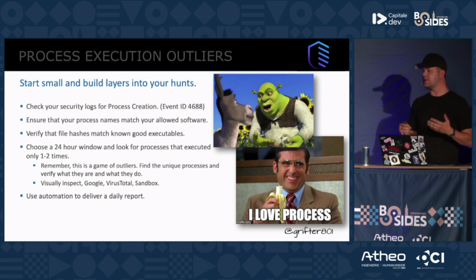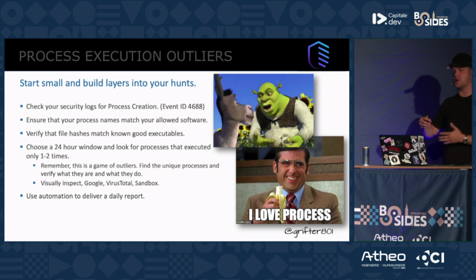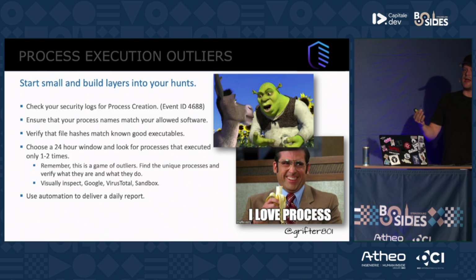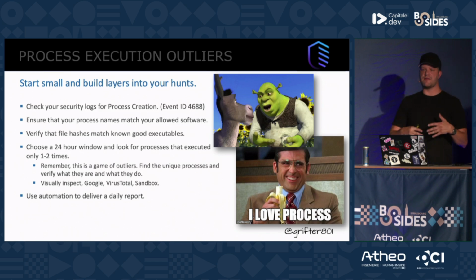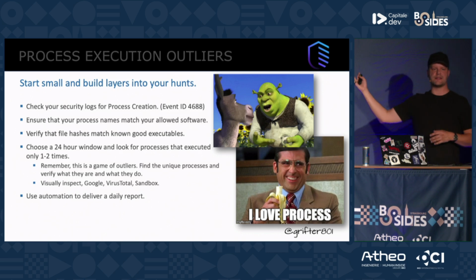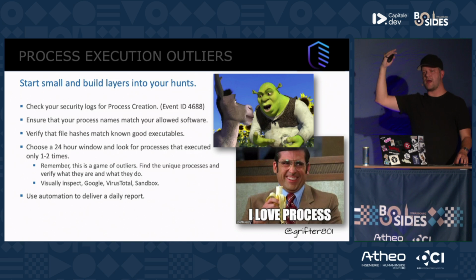One thing that you can do is, I mentioned automation earlier. Again, you can't automate your hunt, but you could create a report that says, every day at 8 a.m. I want a report delivered to me for the last 24 hours that tells me what outlier processes exist within this organization, right? And then again, you're just ranking those based on how often they happen.